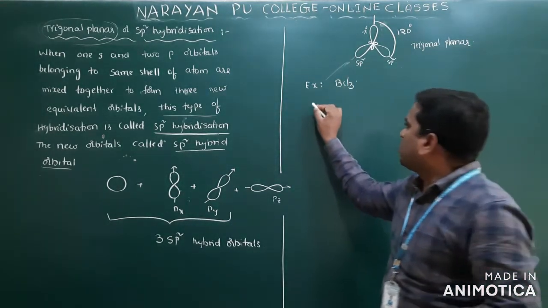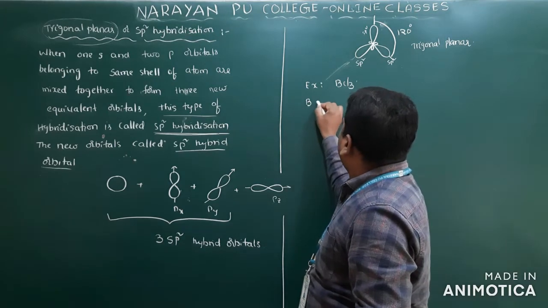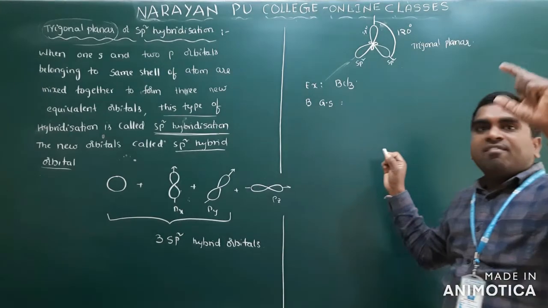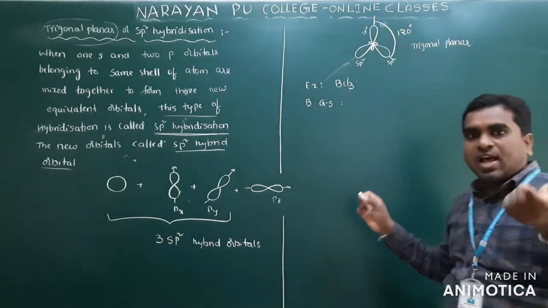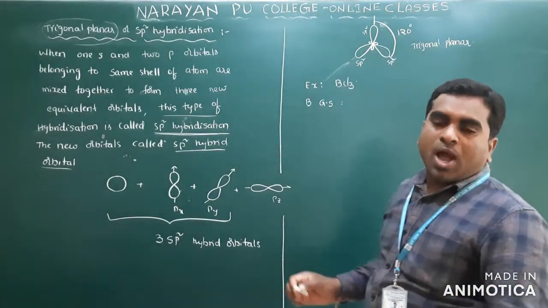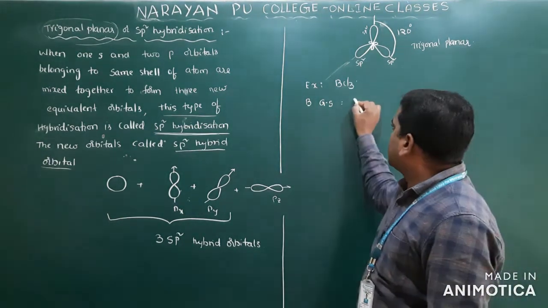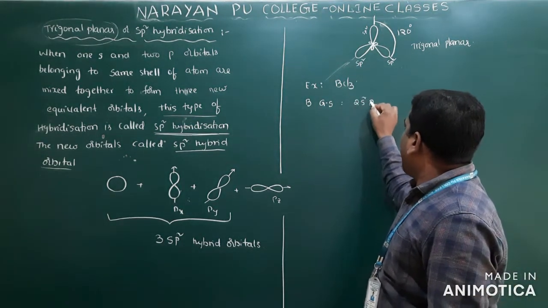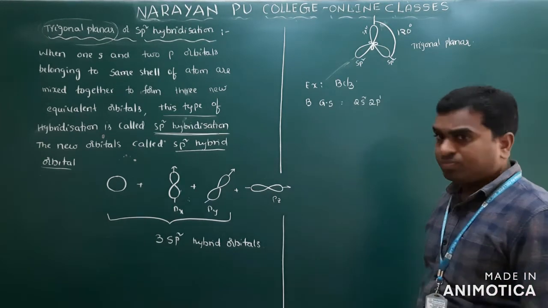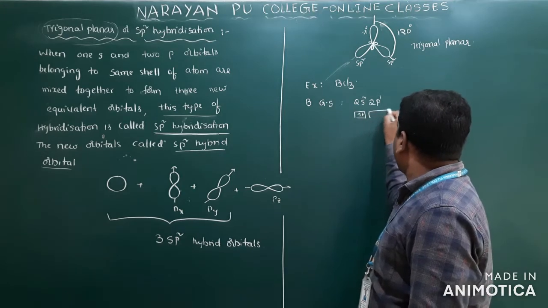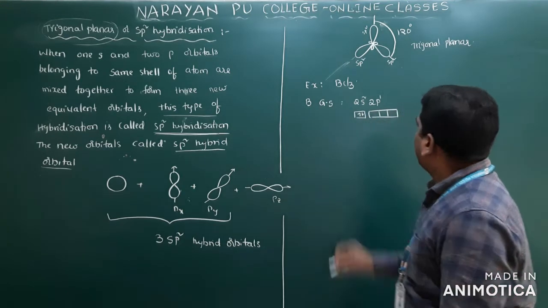Clear? So for boron, you already know the ground state electronic configuration, because only valence shell electrons are involved in the hybridization. So in the valence shell you have to write 5 electrons: 2s2 and 2p1. 2s2 2p1 means there are 2 electrons in 2s, and here one electron.